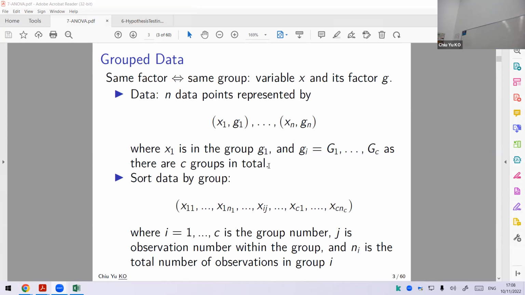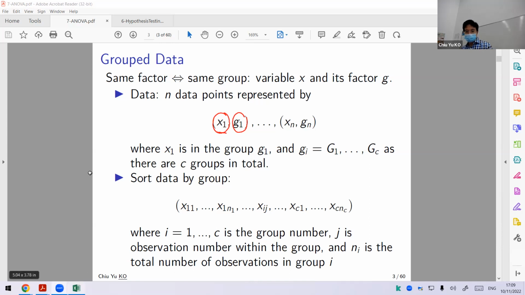So how do we describe data? So far the data we have is x1, x2, x3, right? But now, instead of x1, x2, x3, each data point has to tell you the value of the observation, but also which group it is in. So each data point becomes a pair. What do I mean by that? Let me open Excel.